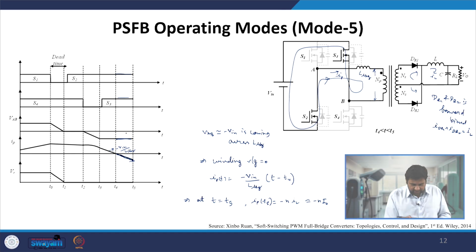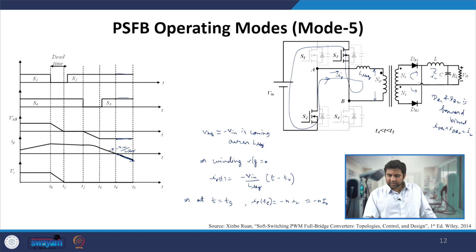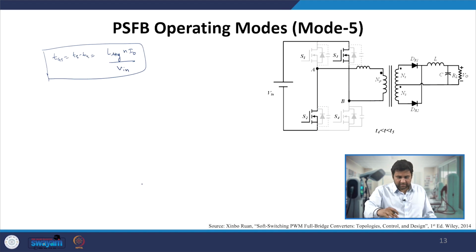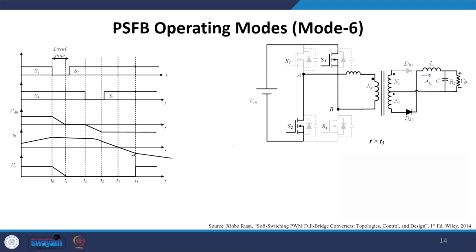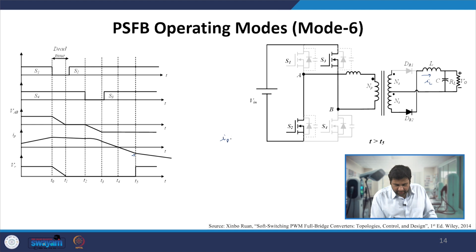During this time minus V in is applied, and since both the diodes are on, the voltage applied across this inductor is still 0. And at t equal to T5, mode 6 will start. At t equal to T5, this current is equal to the reflected IL current from the secondary side, because at this point IP is equal to minus of N IL.